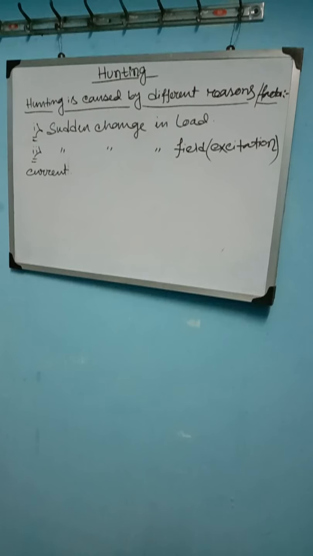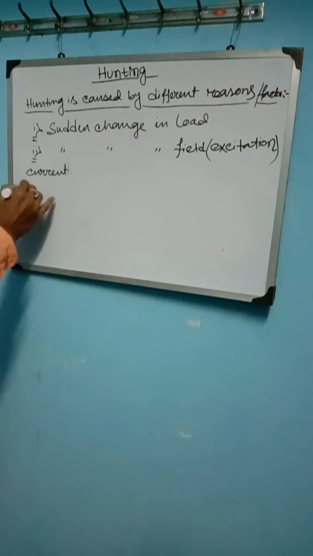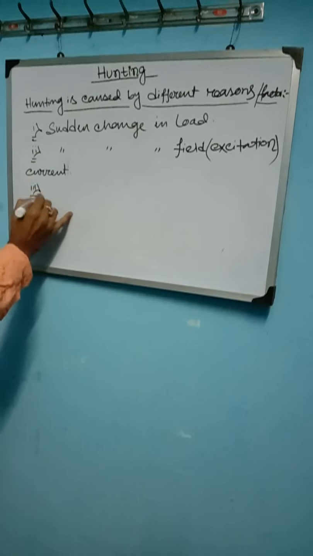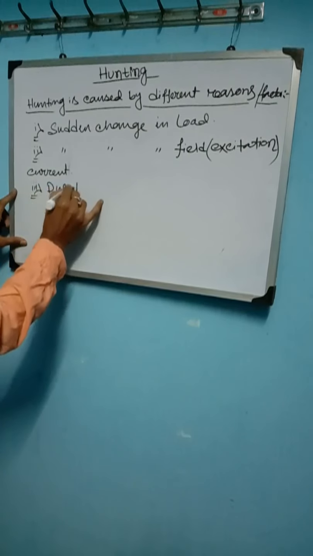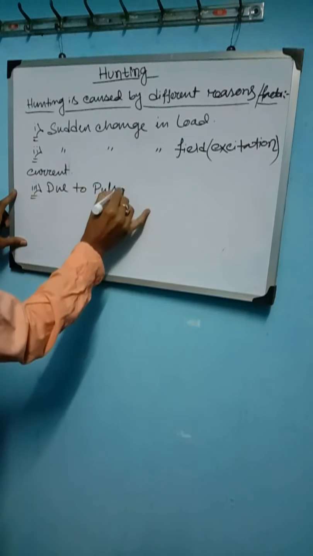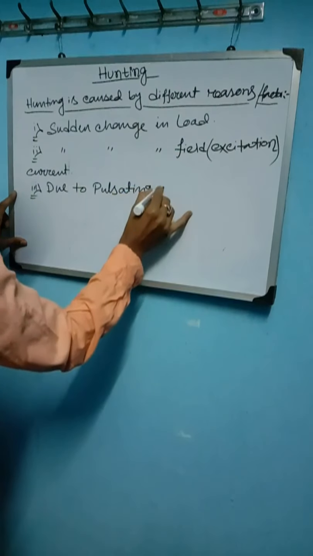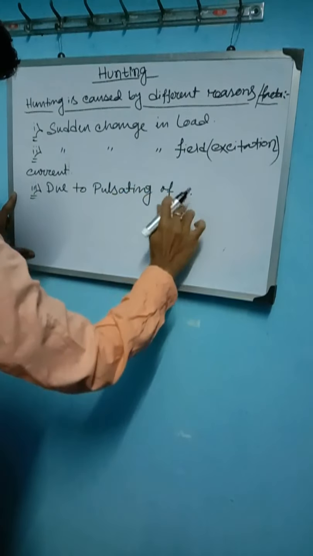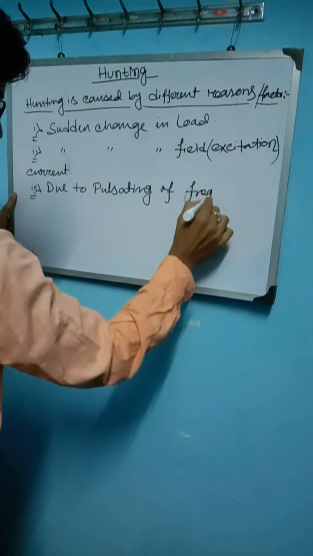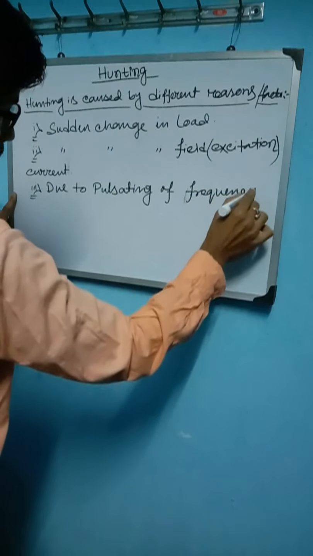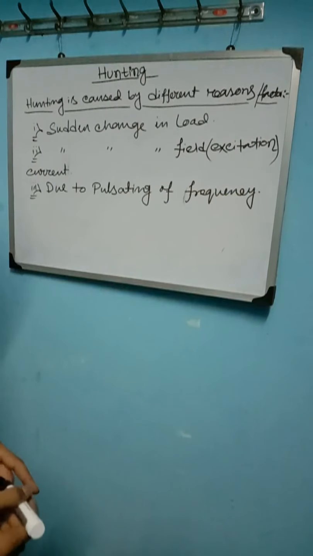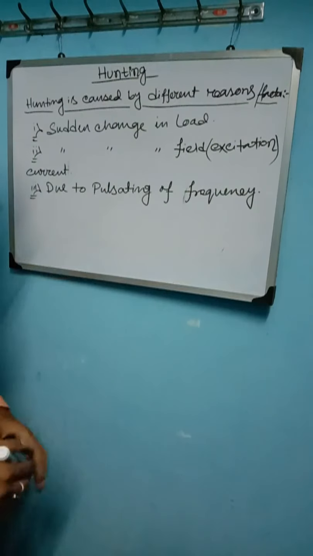And number 3, due to pulsating of frequency. Due to the pulsating of the frequency, hunting also happens. So these are the main basic factors for the happening of hunting.